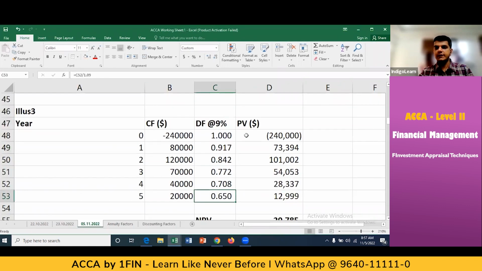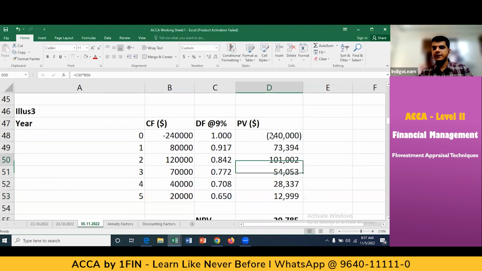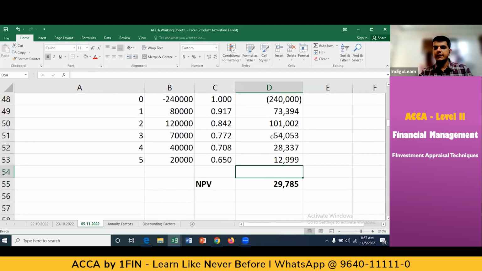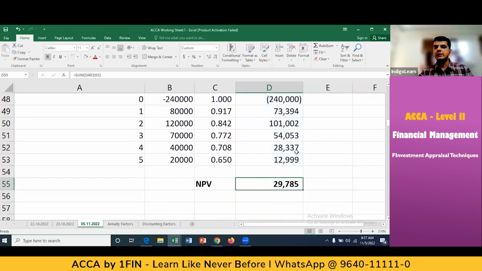Okay, so directly we can calculate by multiplying it. So by this we can get all the present values. And if we want to see the NPV, we'll just add it up. That is giving total around 30,000 NPV.